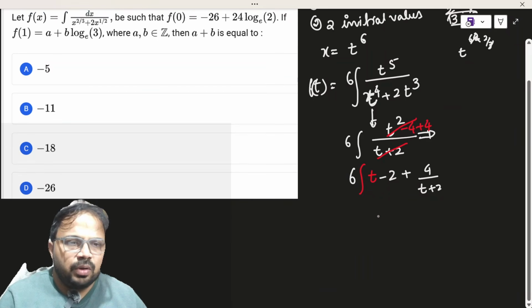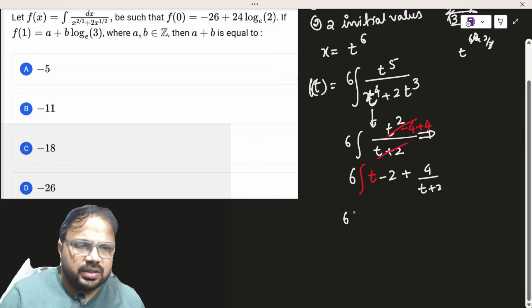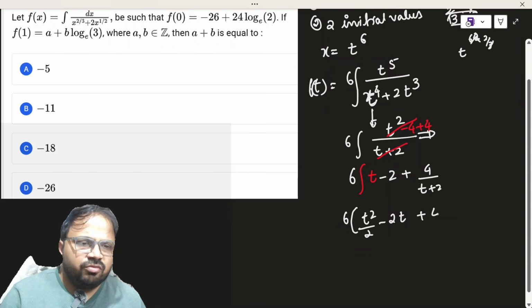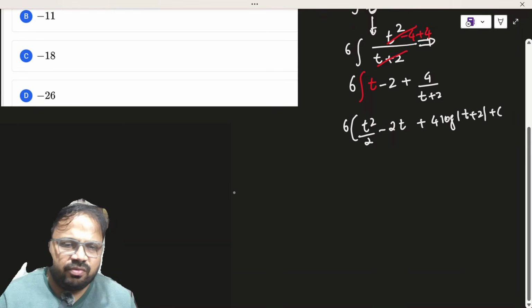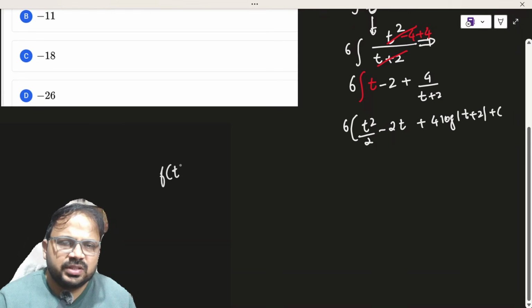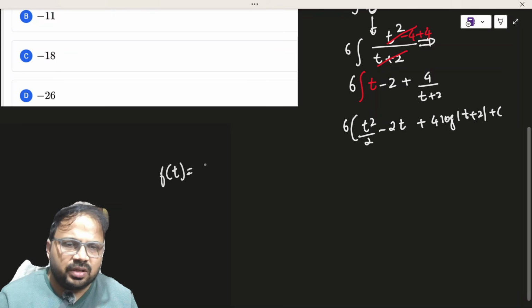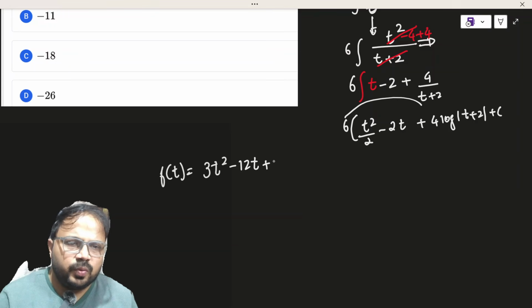So now how to integrate this? 6 times t square by 2 minus 2t, plus 4 log mod of t plus 2, plus c. So f of t, let me rewrite once again for the sake of further substitution, is 3t square minus 12t plus 24 log of t plus 2 plus c, right?